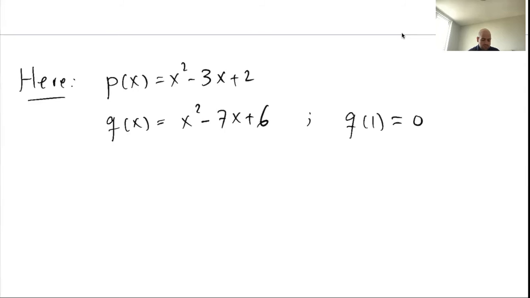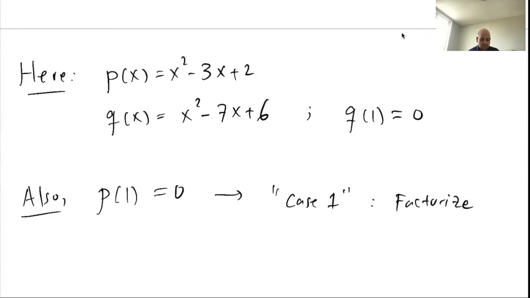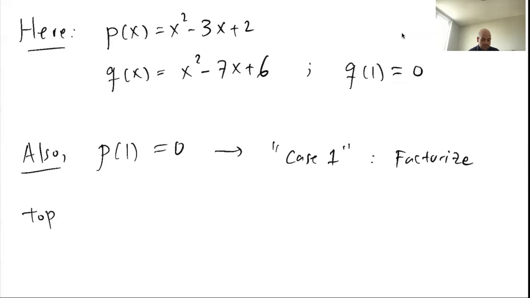So P of 1 is also 0. So we have to factorize. So again, we are in case 1: factorize top and bottom, and simplify.